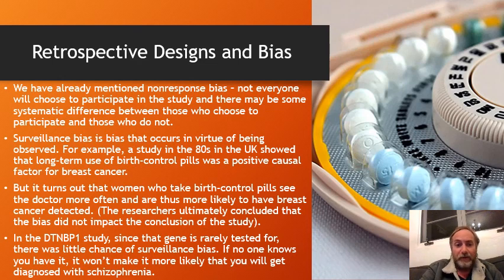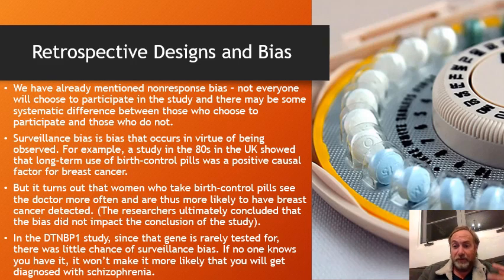As an example of that, in the 80s in the UK, they showed that long-term use of birth control pills was a positive causal factor for breast cancer, right? But it turns out the problem with that study is that women who take birth control go to the doctor.